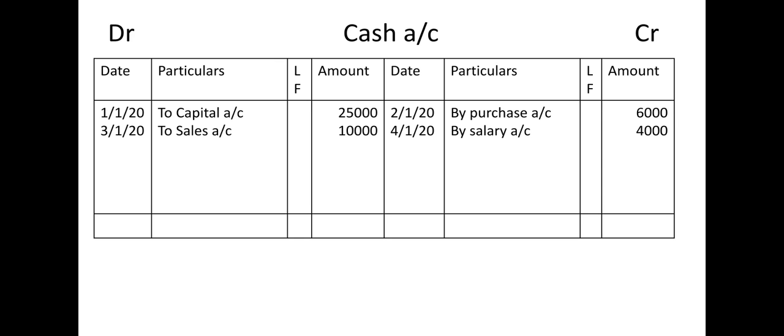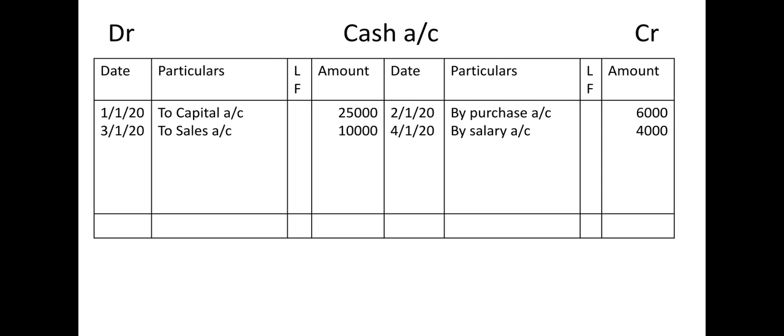Sometimes the total of the debit side is more, and sometimes the total of the credit side is more. But we have to make them equal. That is called balancing. We have to make the total of the debit side and credit side the same.